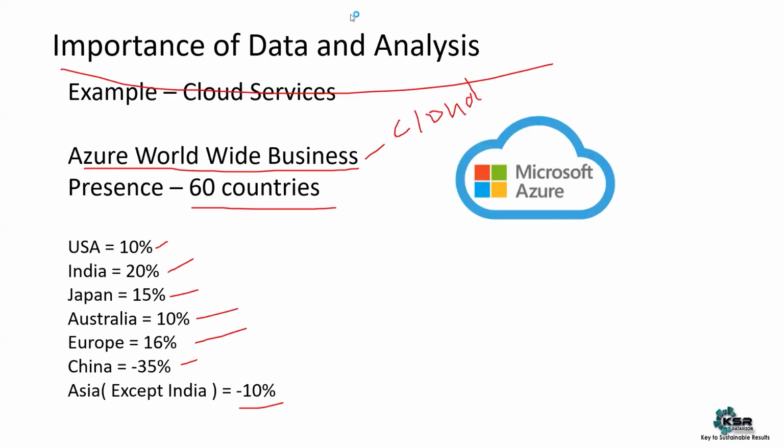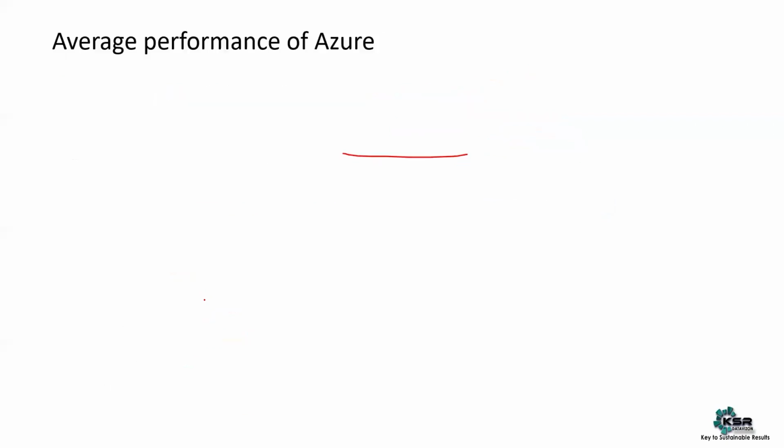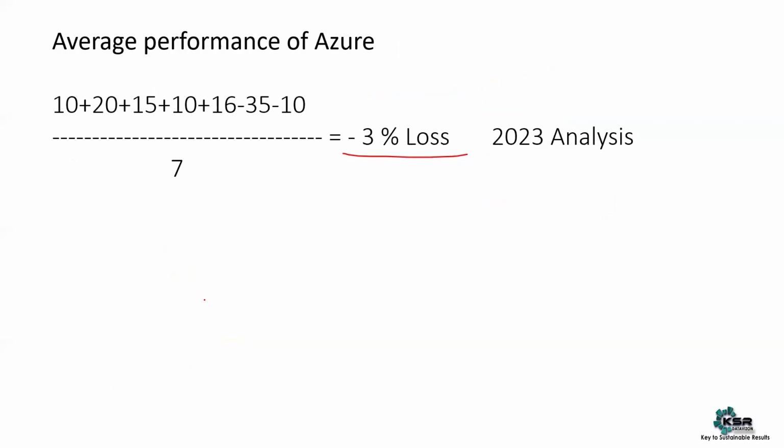This is the Azure business improvement in 2023 as compared to 2022. 10% increase, 20% increase, 15% increase. This is the Azure business. Now I'm comparing 7 different geographies here, and overall there is a loss of minus 3%. What do you think, is the Azure business going negative? There is a loss, right?